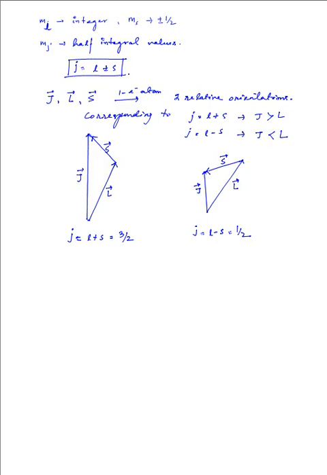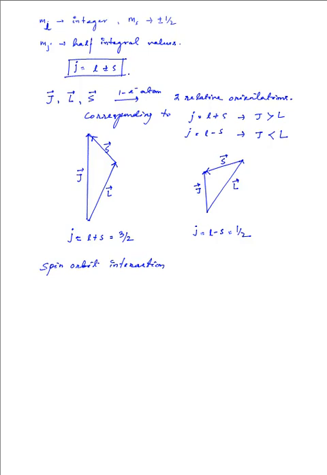Now the angular momenta of the atomic electron, L and S, interact magnetically, and that is what we call the spin orbit interaction. They exert torques on each other. These internal torques do not change the magnitude of the vectors, but they cause them to precess uniformly around their resultant.